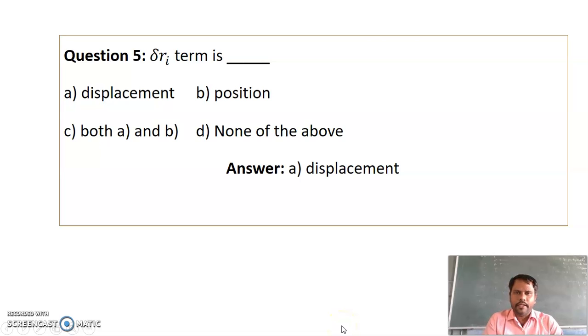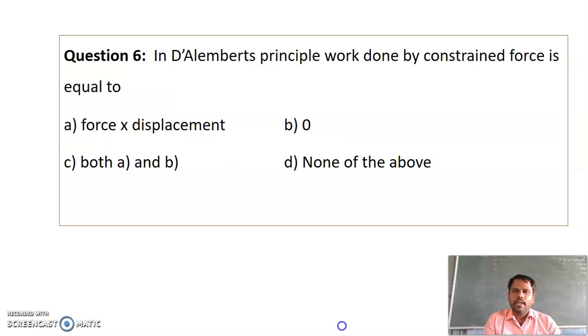Question number 5. The delta Ri term is a displacement. In D'Alembert's principle, the work done by the constraint force is equal to 0.